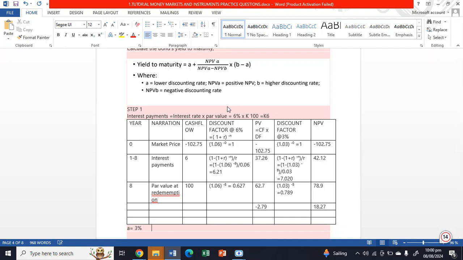B represents the higher discount rate, which is 6%. NPV A percent is the net present value with the lower discount rate, and that is 18.27. NPV B percent represents the net present value with the higher discount rate, which is negative 2.79.